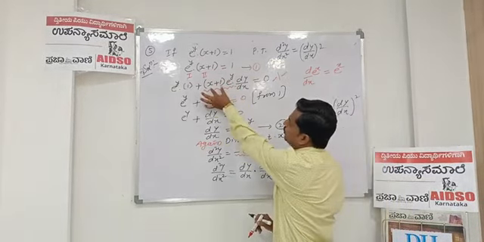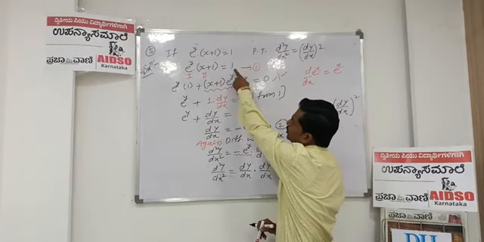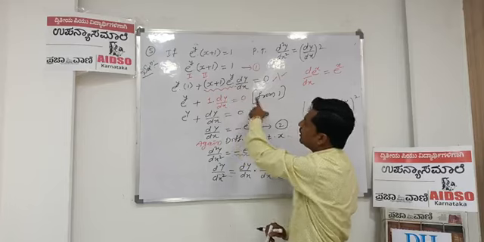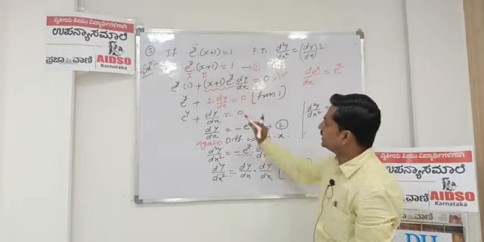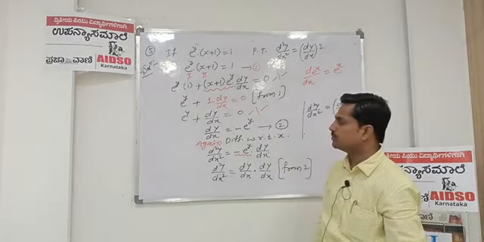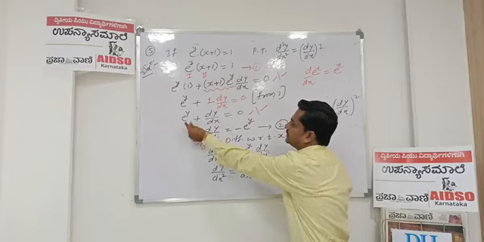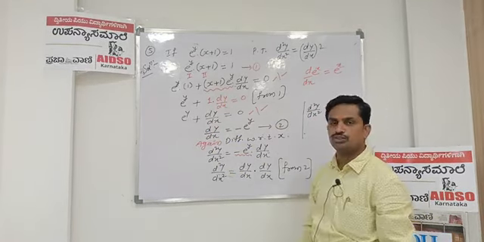Next, in place of x plus 1 into e raised to y, what have we substituted? It is 1 into dy by dx equal to 0, and from equation 1 we have substituted. Then 1 into dy by dx is dy by dx. This is your second step. Then further dy by dx is equal to plus e raised to y, which becomes minus e raised to y on transposing to RHS.